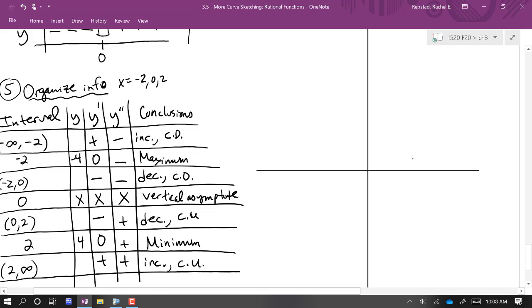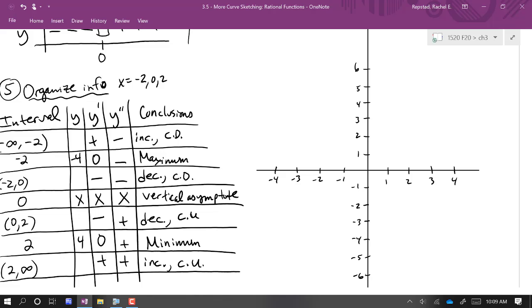So I'm going to go out, say, to 4 on the x. All right, and then I go up to 4 on the y-axis there.